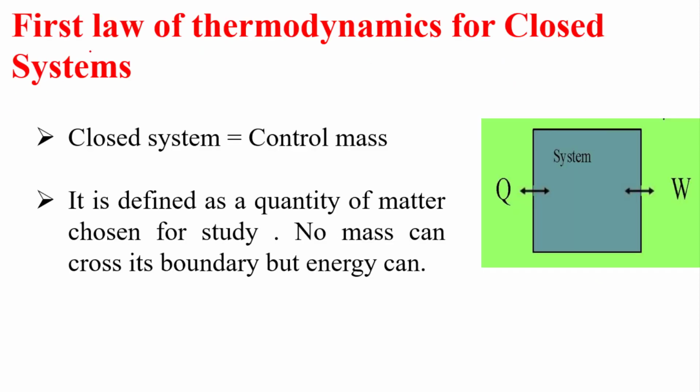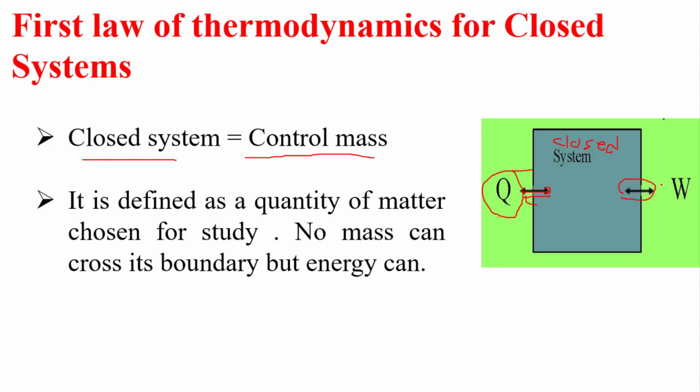Okay. First law of thermodynamics for a closed system, or we can use another word which is control mass. Mass is controlled. Okay, nothing lost. Mass remains constant. Here you can see in this figure that this is a system or a closed system, where Q energy can cross the boundary, either entering or leaving, and work the same.